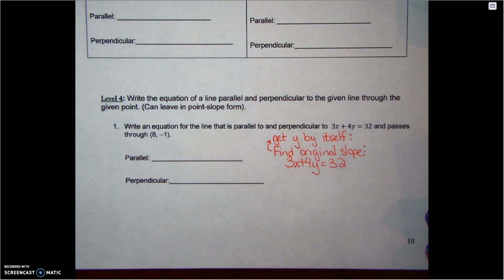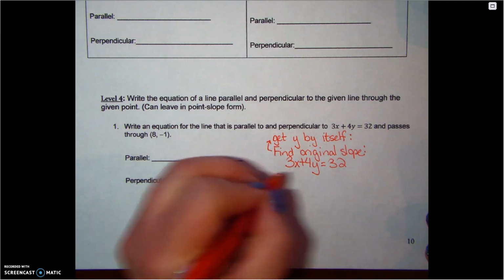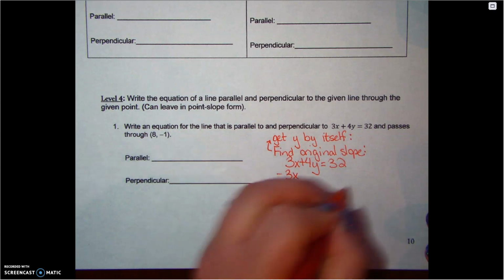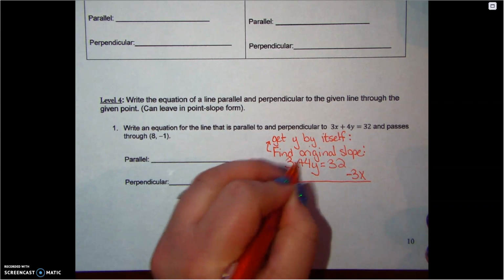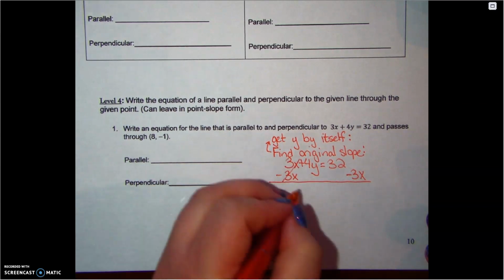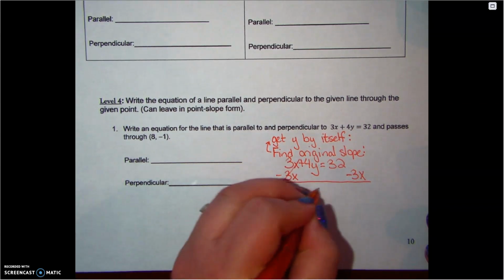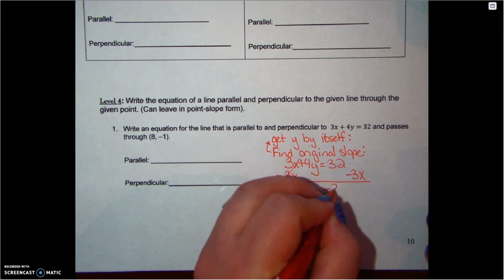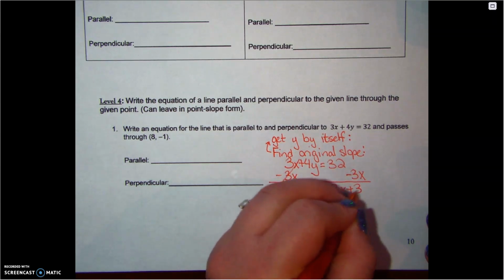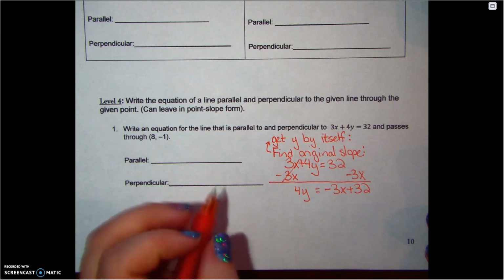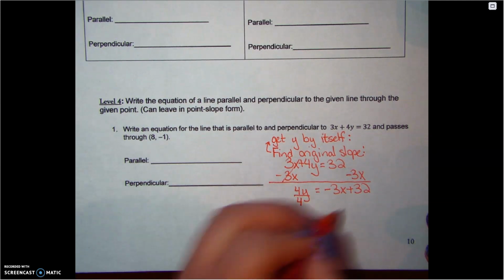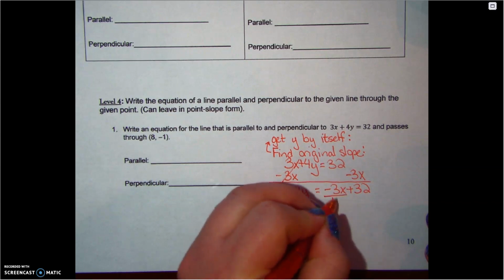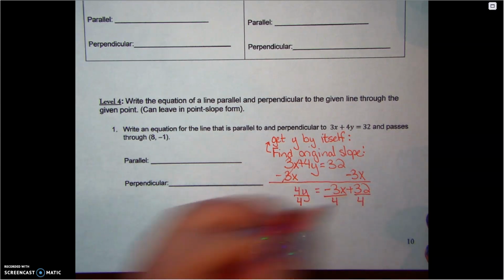And remember, in order to get y by itself, I have to first subtract 3x from both sides, which leaves me with 4y on the left equals negative 3x plus 32. And then we divide by 4, not only once on the left side, but we have to do it to each term on the right side.